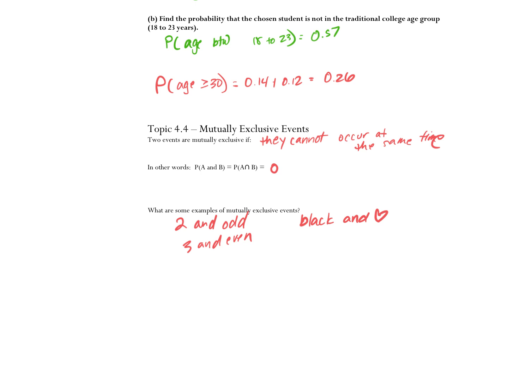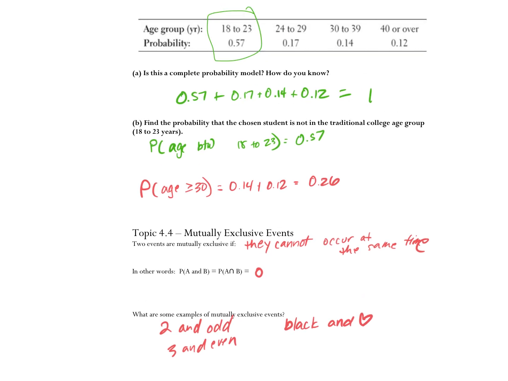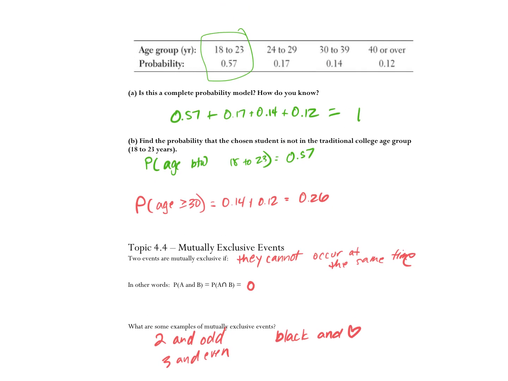Everybody good? All right. So really, when we go up here, the fact that we could add these two probabilities together actually relies on the fact that being 30 to 39 is mutually exclusive from being 40 and over. Okay.